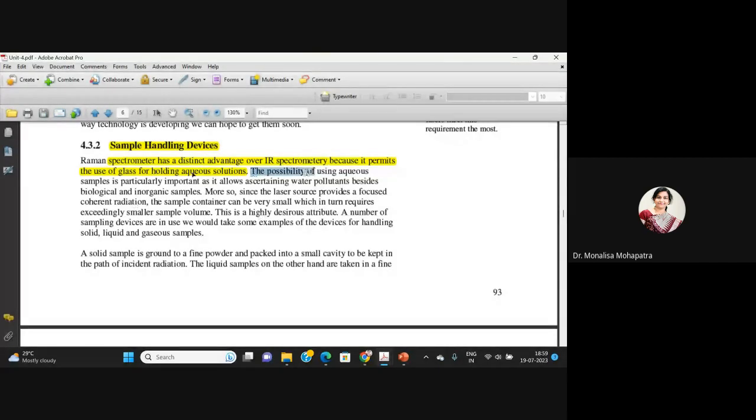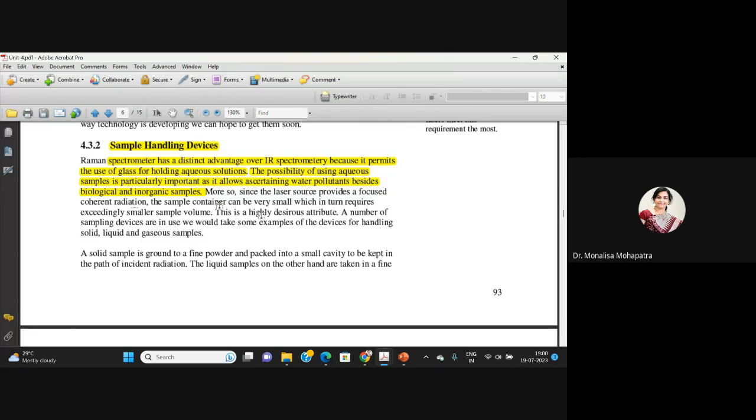The possibility of using aqueous samples is particularly important as it allows ascertaining the water pollutant, deciding the biological and inorganic samples. Understood? So wherever you are using aqueous solution, wherever you want to study water pollutant related things, which is an emerging line of research, water pollution, at that time you can use certain spectroscopic tools.